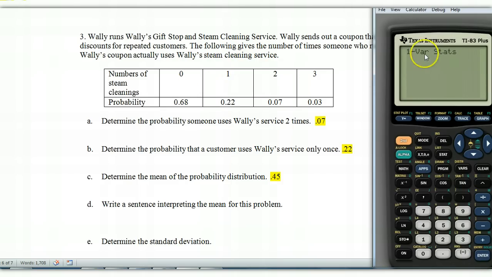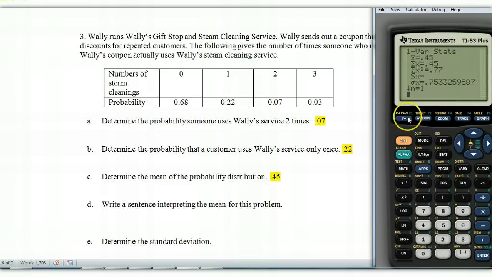But again, remember, if something pops up on your screen and has a cursor waiting instead of just automatically giving you a value, it means it's waiting for an input. So if I tell it list 1, list 2, it understands that it's a probability distribution now, and it does that for you. It multiplies those numbers in list 1 times the equivalent number in list 2 and then adds them all up. So there's the 0.45.